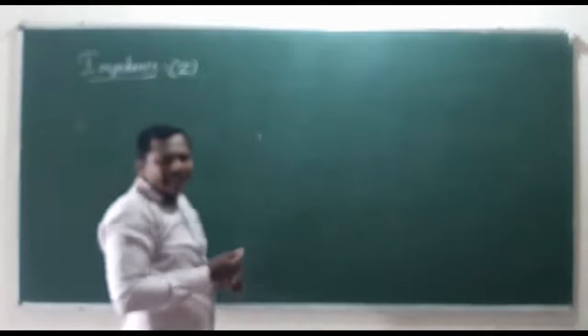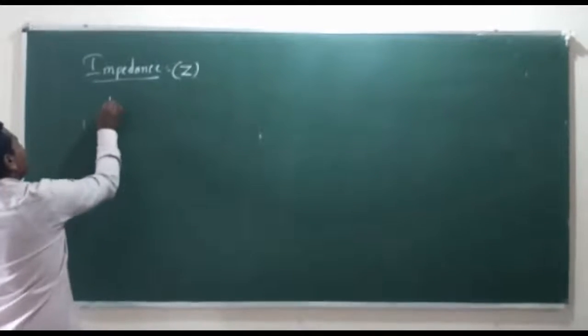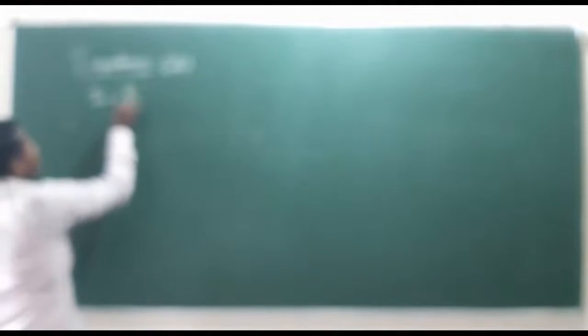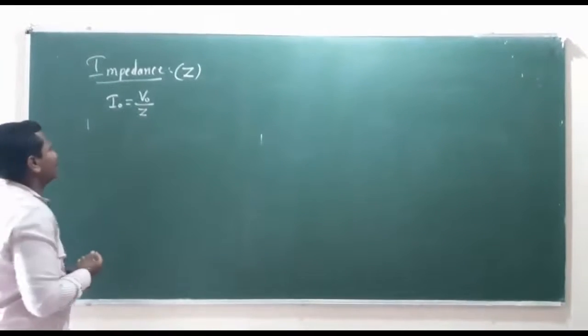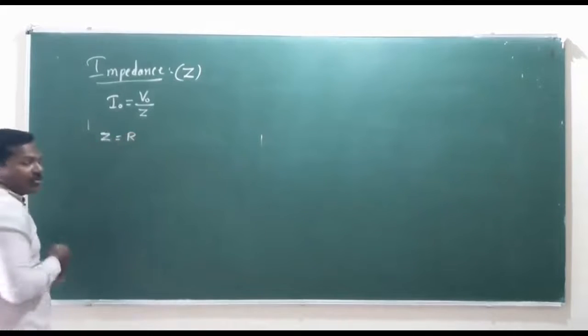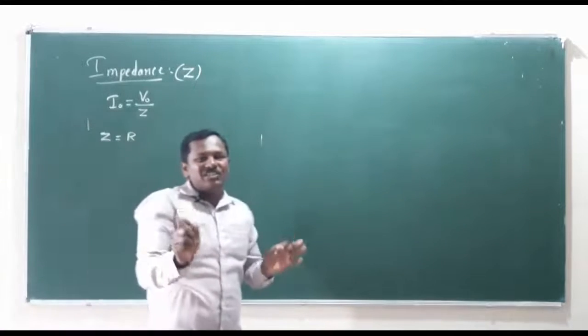Now we know the expression for the peak value of the current: I naught is equal to V naught divided by Z. Here Z is nothing but impedance. Z is equal to R for a purely resistive circuit.